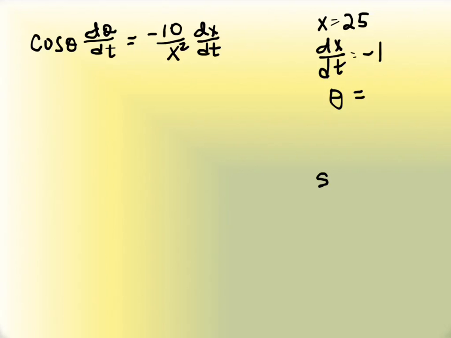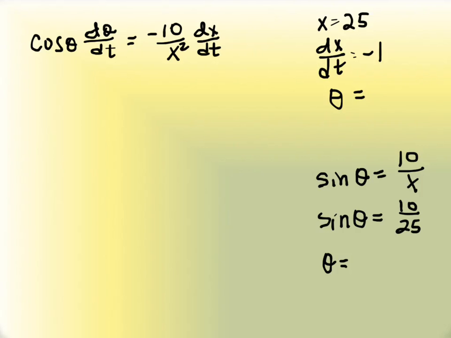It said sine of θ equals 10 over x. So at a given point in time, there is a distinguishable angle measurement that we can find. So we are going to solve for θ at the point when x is 25. We're going to plug in the 25 and solve for θ. How are we going to do that?